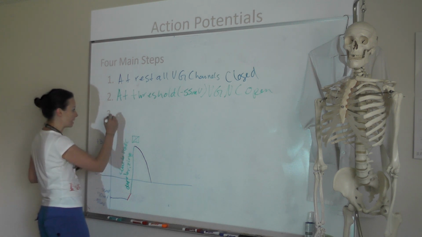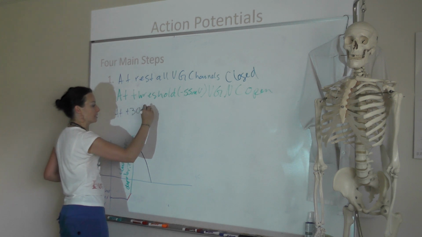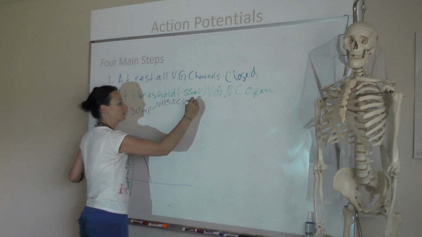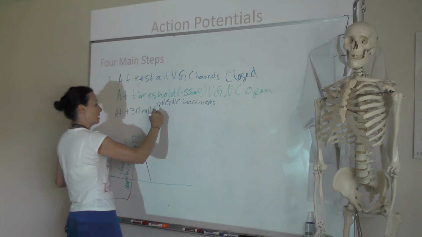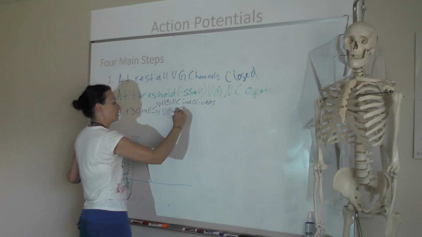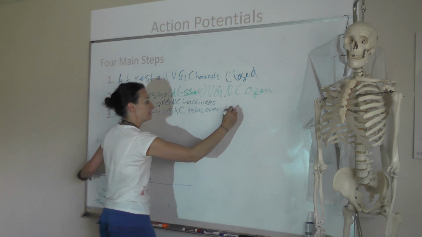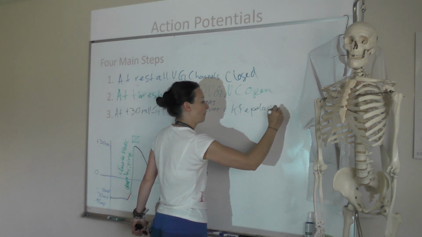So what we could say here is at positive 30 millivolts, 2 things happen. The voltage-gated sodium channel inactivates, and the voltage-gated potassium channel takes over, and potassium repolarizes the cell.